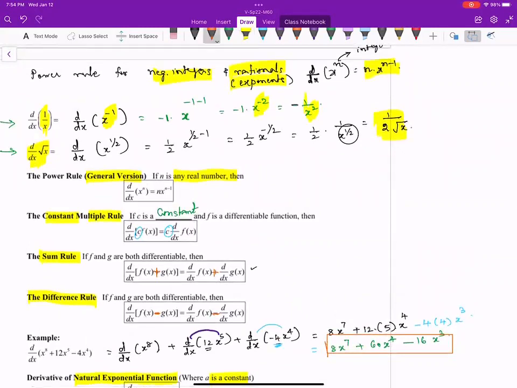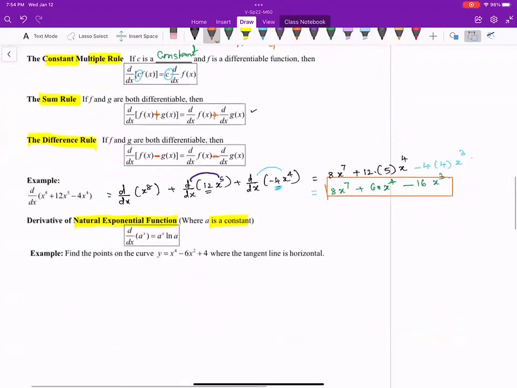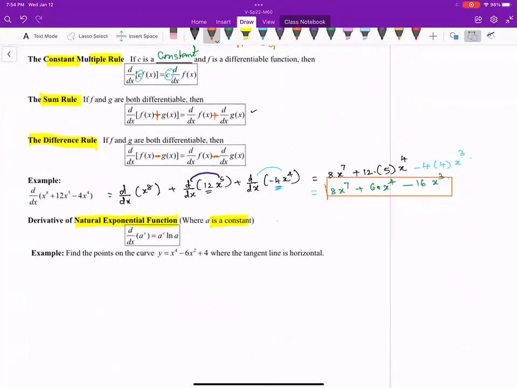If you notice the general version of this, the base is a variable and n is an exponent that is a real number. The base is a variable and the exponent is a number for the power rule. But here, the base is a number and the exponent is a variable.